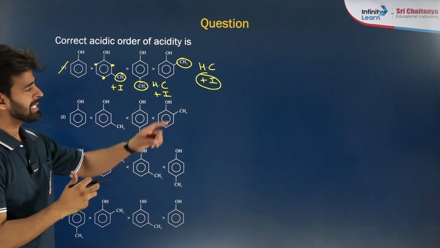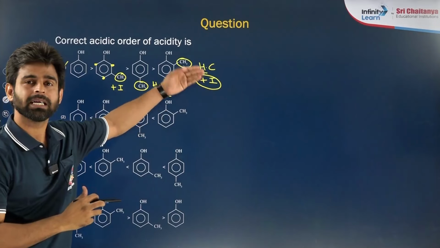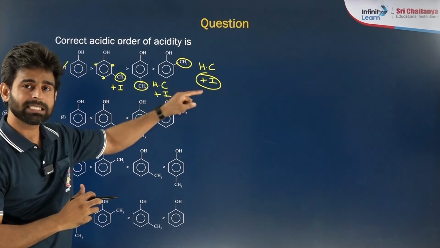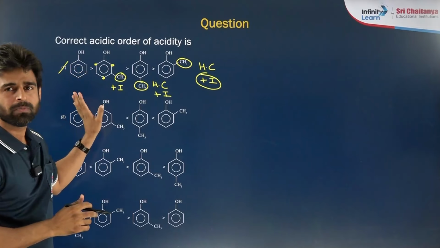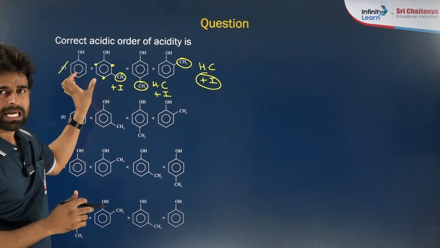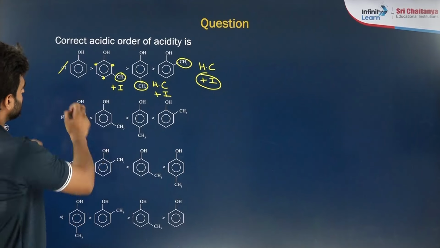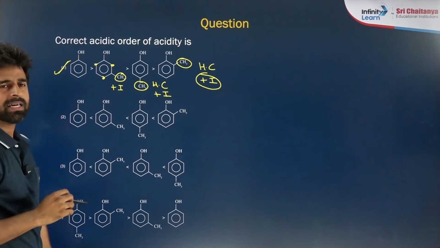So in this case, electron donation is highest. That's why the acidic strength becomes lowest. In this case, there is no donor group, so we will see acidic strength is more, right? So that's why the first is our right answer.